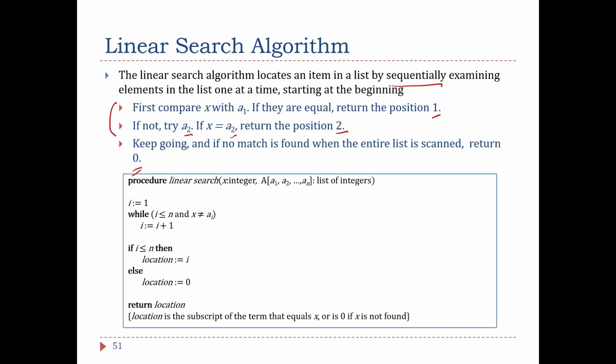So we need a loop, either a for loop of type for i equal 1 to n, check if x is equal to ai, or a while loop with a counter called i initialized to 1, and then i is incremented each time until i becomes greater than n, meaning the counter i exceeds the possible indices.